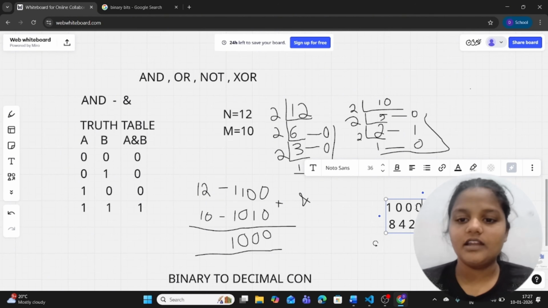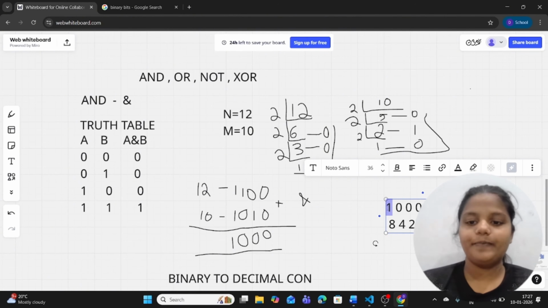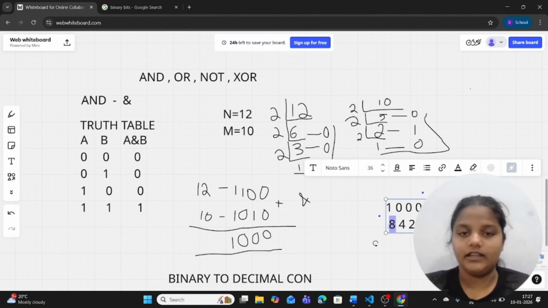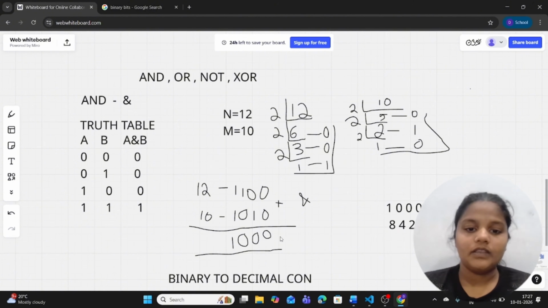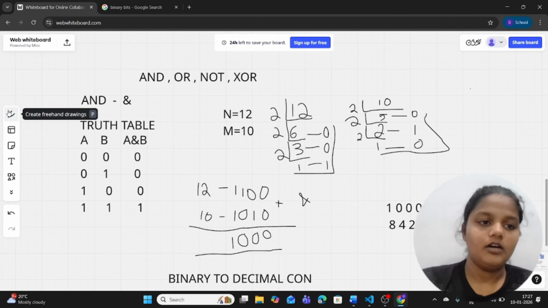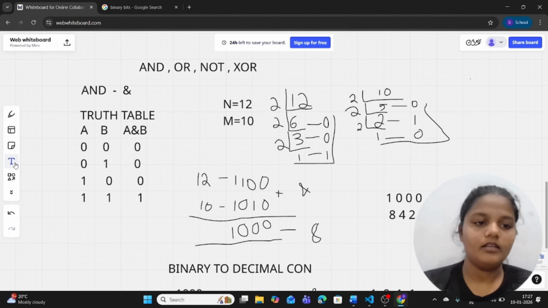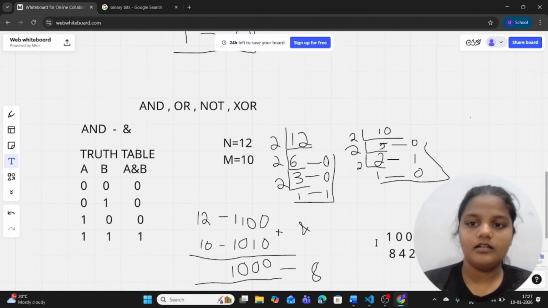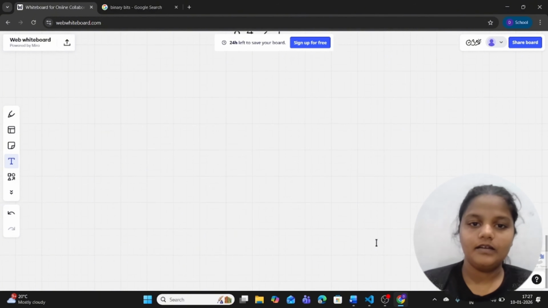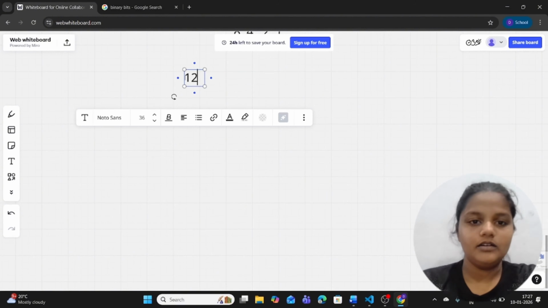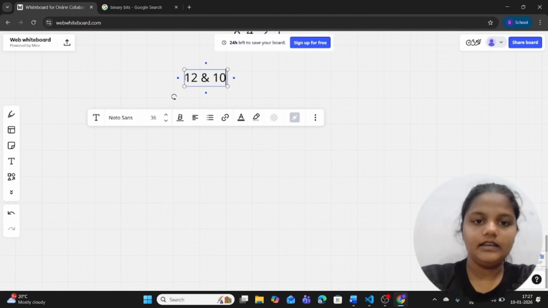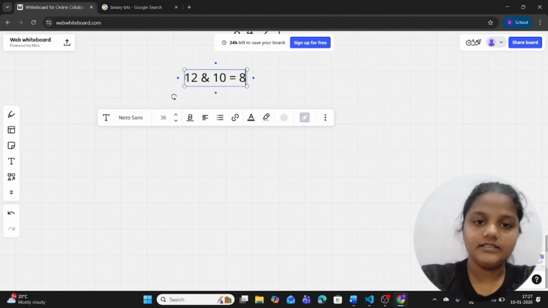The first bit is 0, the second bit is 0, the third bit is 0. Only the last bit is 1, so the corresponding value is 8, right? So the binary value 1000 has the decimal value 8. So when we do 12 AND 10, we will get the answer as 8.